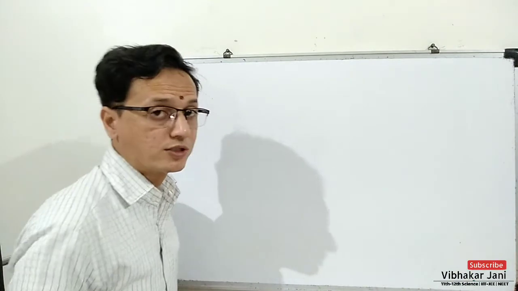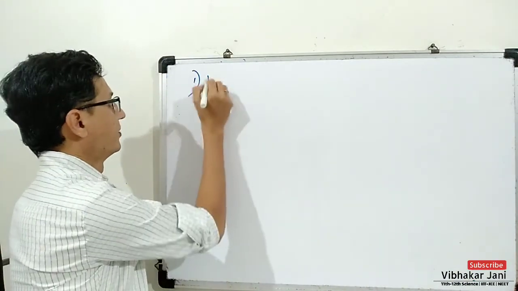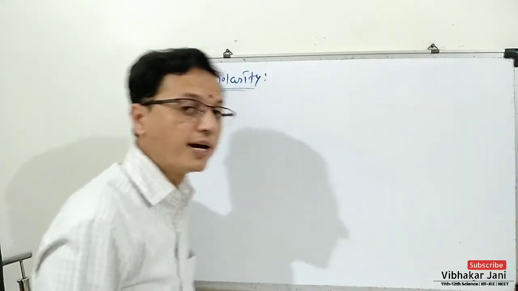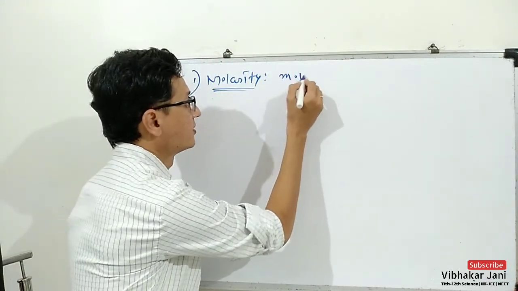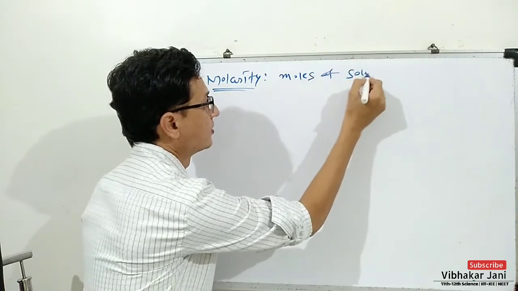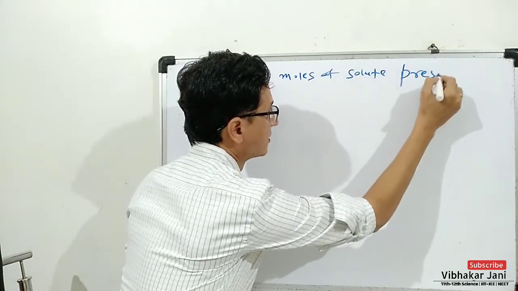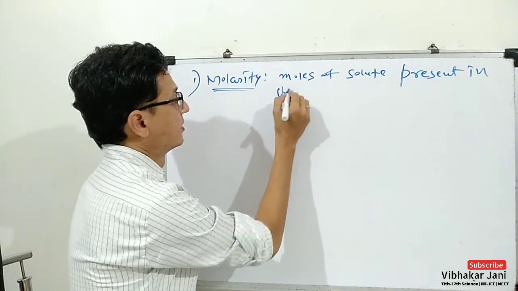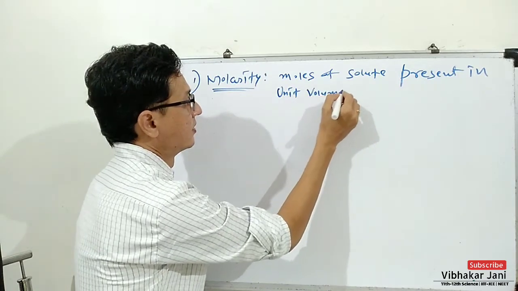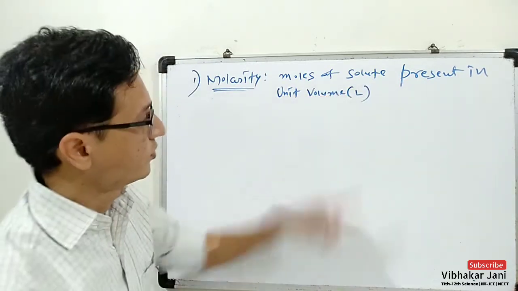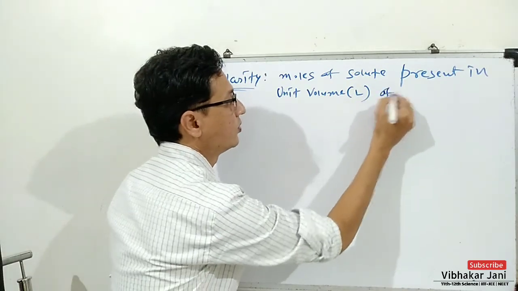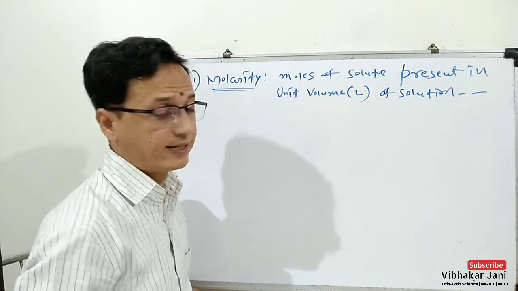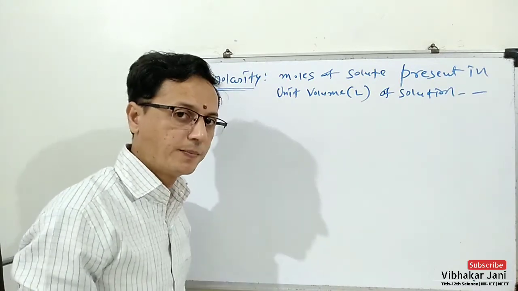The first was molarity. So let us define what is molarity. Moles of solute present in unit volume, volume should be in liter, unit volume of solution is considered as molarity of that solution.